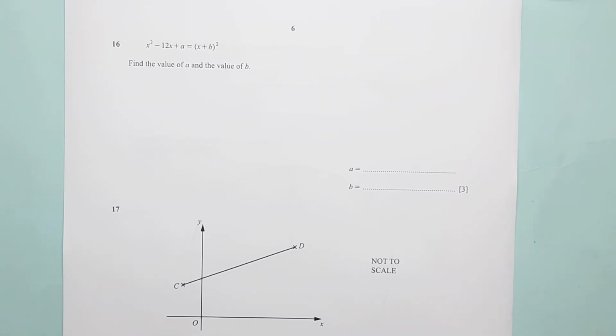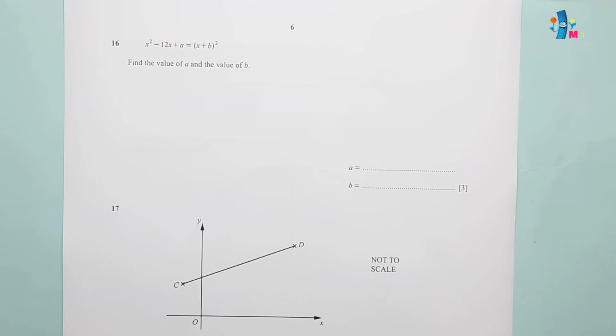Now question number 16, x squared minus 12x plus a is equal to (x plus b) squared. Find the value of a and b.